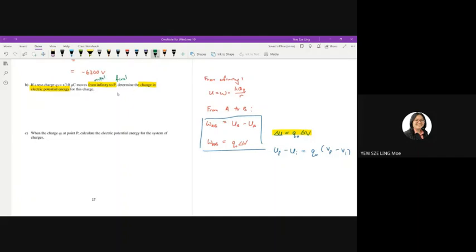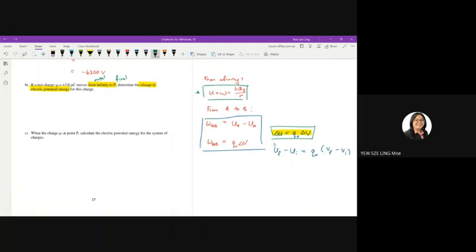Of course, you can straight away apply the first equation, but we want to learn how to use these equations. The first one we cannot use, because R is not given. Never mind, let's see how to calculate this one.